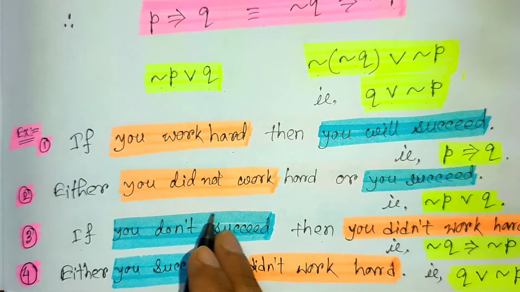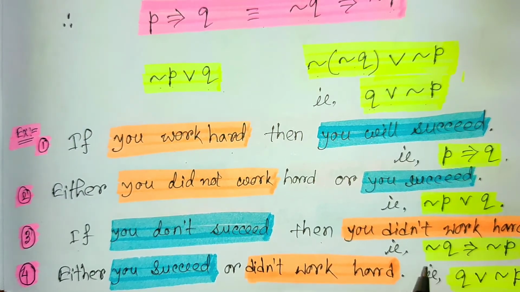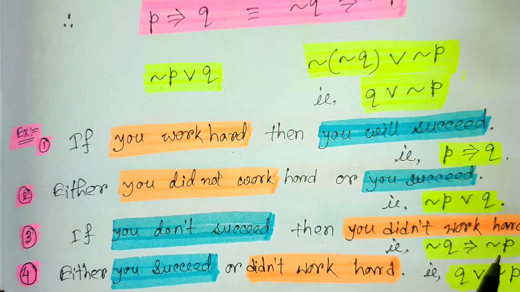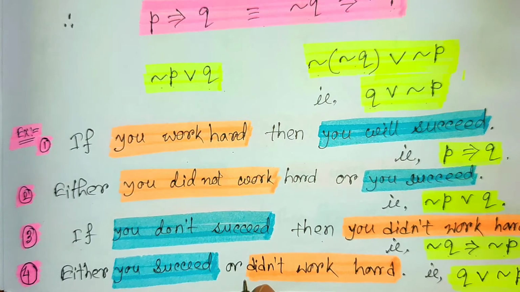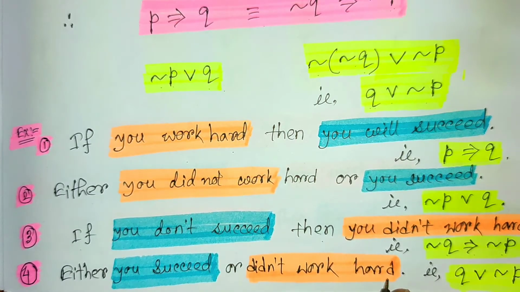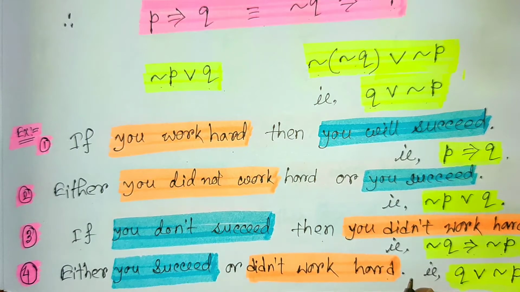What does it mean? That not Q implies not P. And if we write the statement as either you succeed or didn't work hard, that is Q or not P.